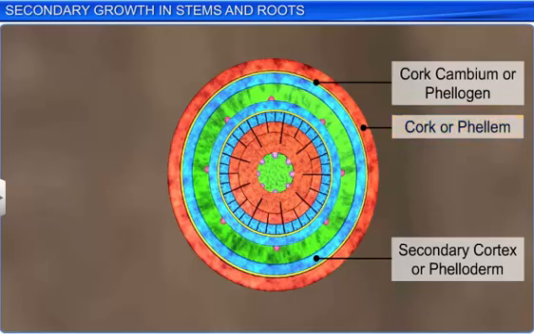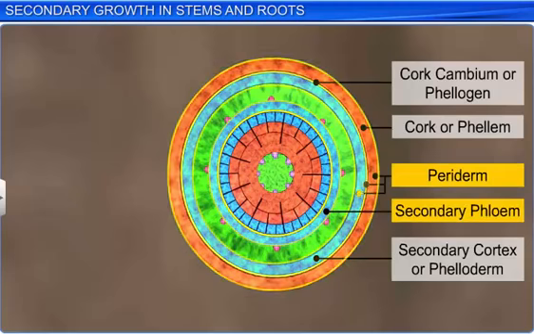Tissue resulting from secondary growth in the cortex, namely cork, phelogen, and pheloderm, are collectively called periderm. Tissues outside the vascular cambium, which includes the secondary phloem and periderm, are typically known as bark.